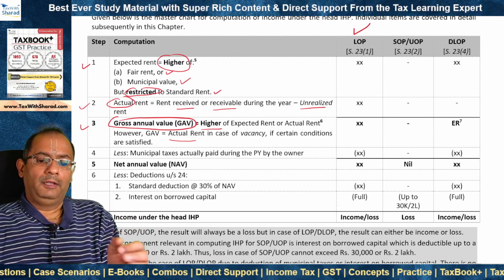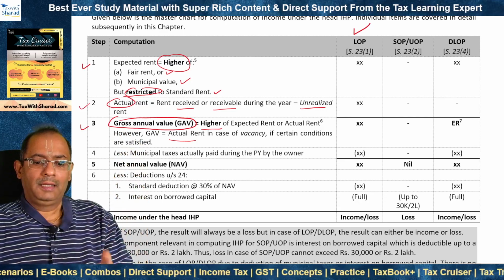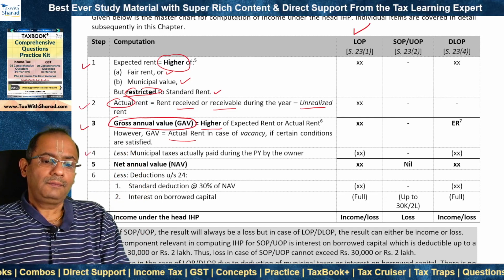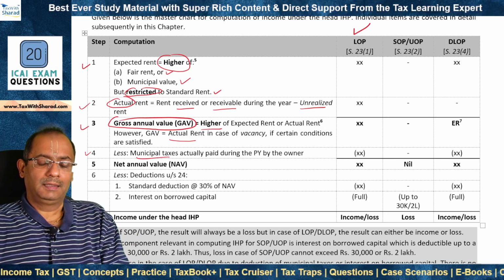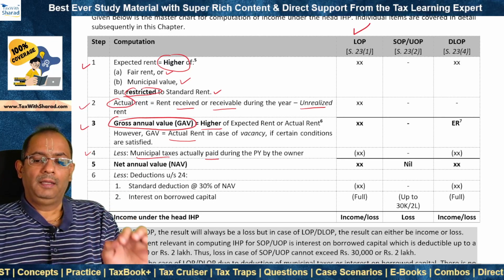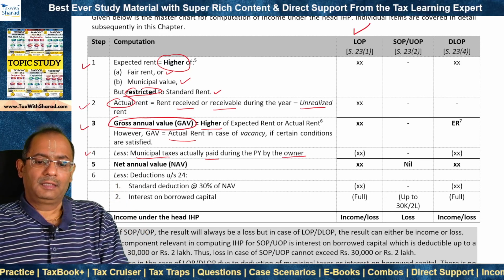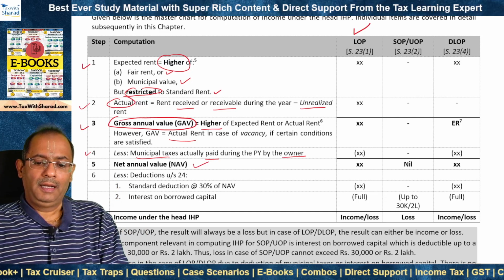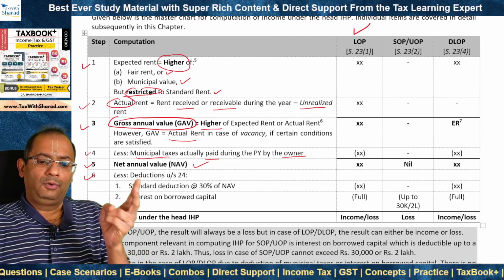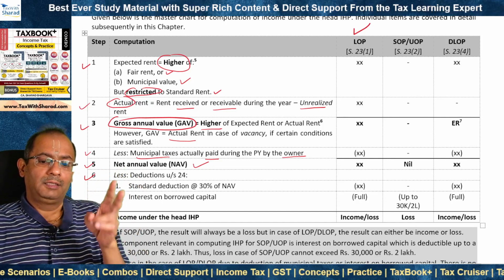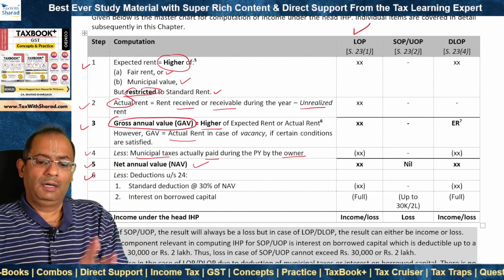From the gross annual value, we now start making the deductions as allowed under the Act. We make deduction on account of municipal taxes actually paid during the year by the owner. And this gives us the figure of NAV or the net annual value in step 5. In step 6, there are 2 deductions which are provided under section 24, and we reduce those amounts.